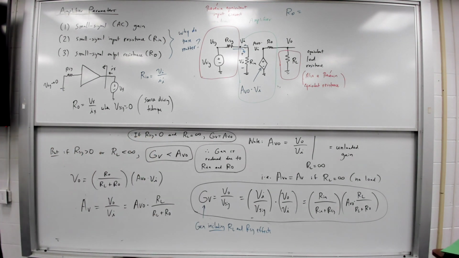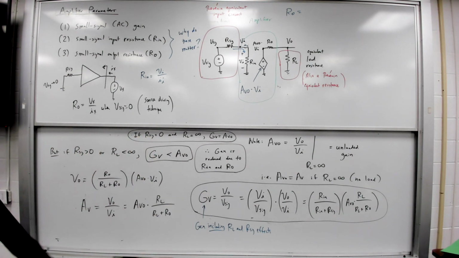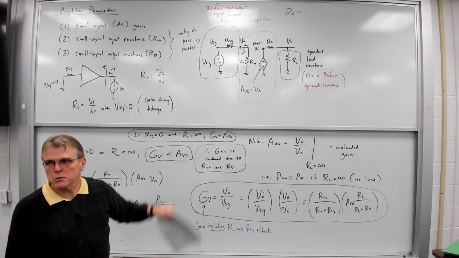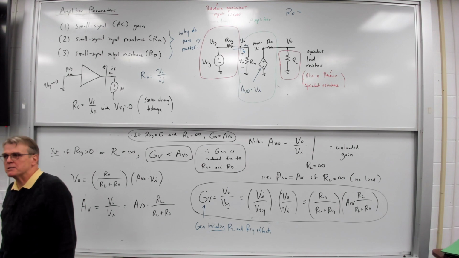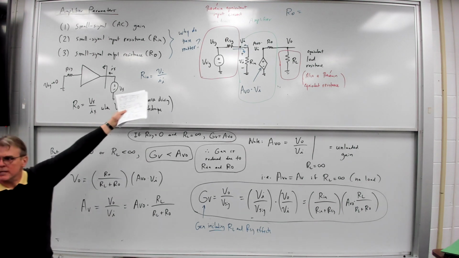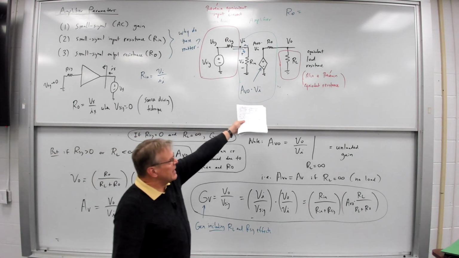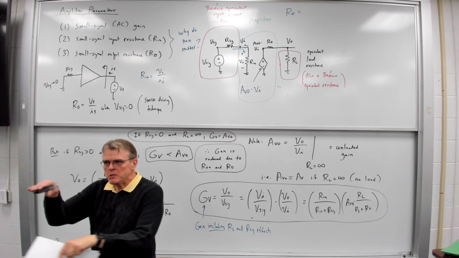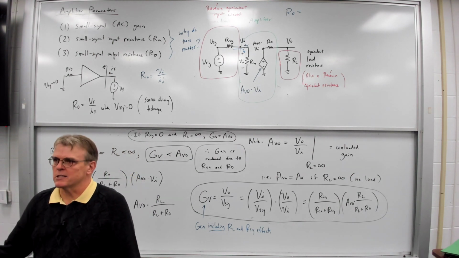So why do we care about the input resistance and the output resistance? For exactly this reason. Because I can't guarantee that my input source is going to have a 0 resistance. It's not going to be an ideal voltage source. There's going to be some R sig value. I can't guarantee I'm going to connect always to an open circuit. There's going to be some load resistance.